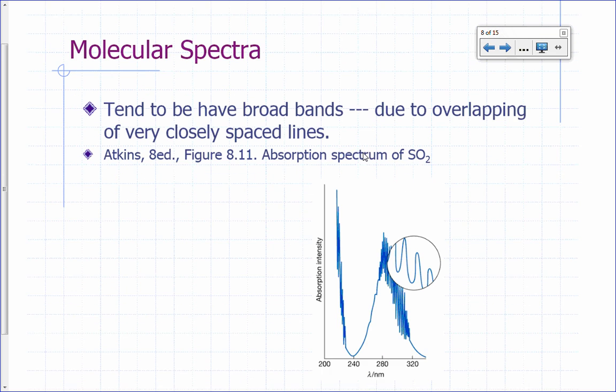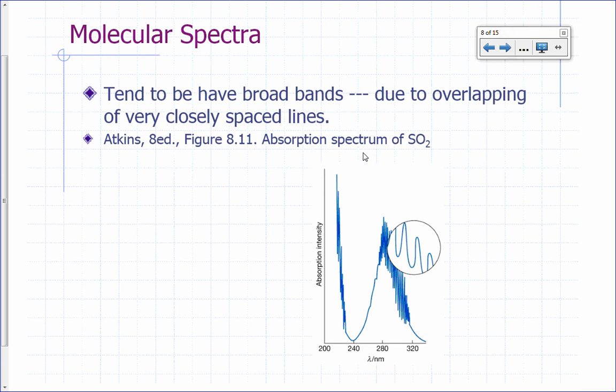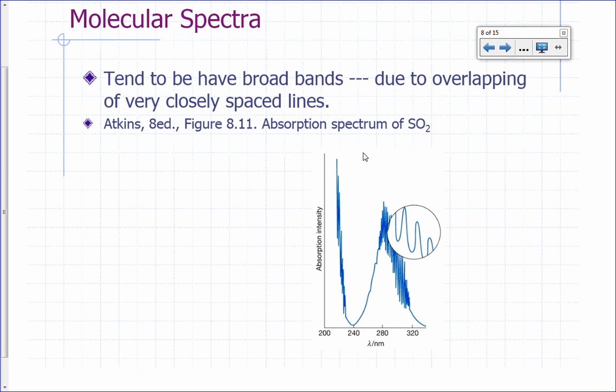All right. So here's an illustration from your textbook about very closely spaced spectral lines ending up forming a band. This might be what you would see for a molecule of SO2, the absorption spectrum.